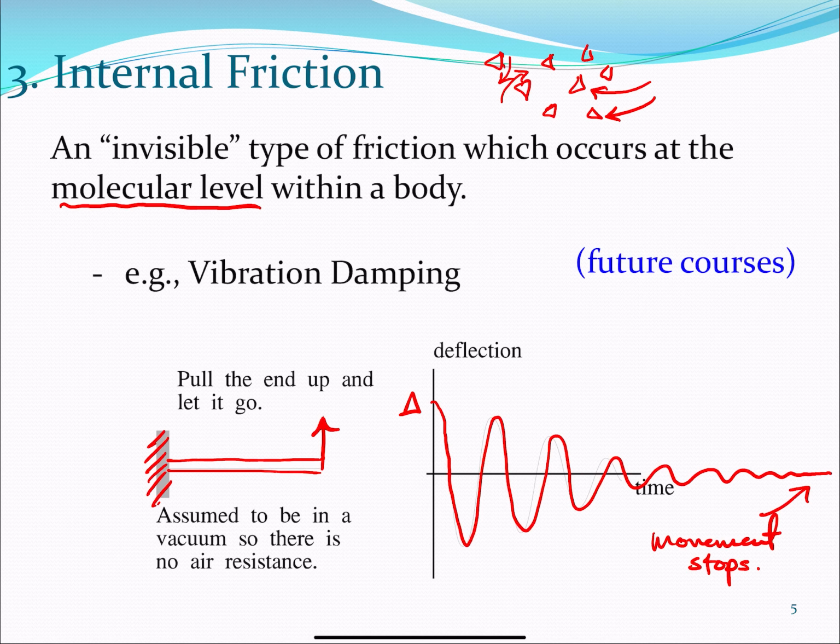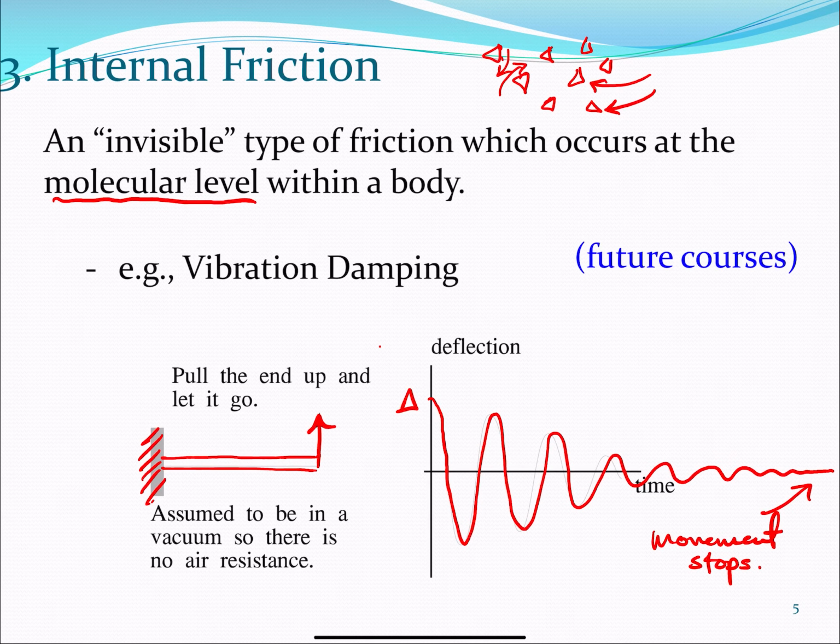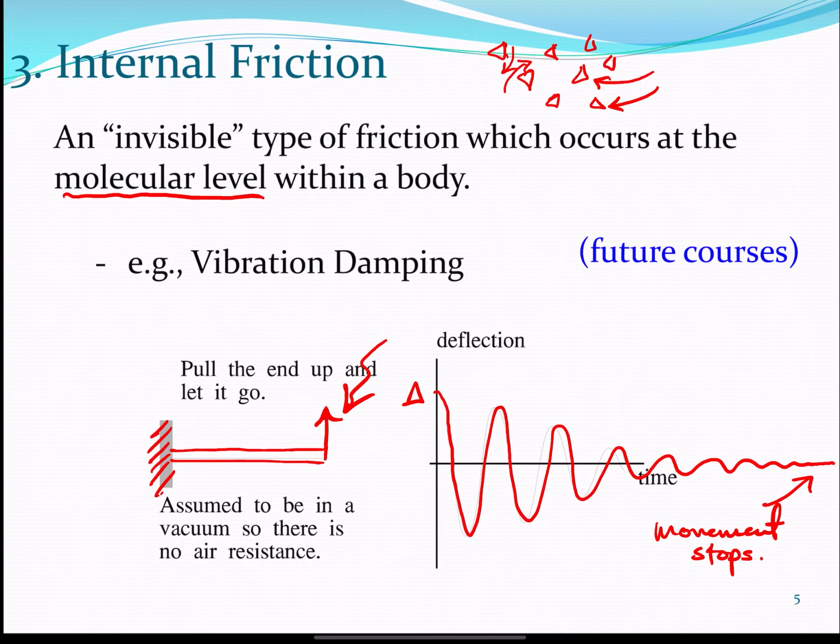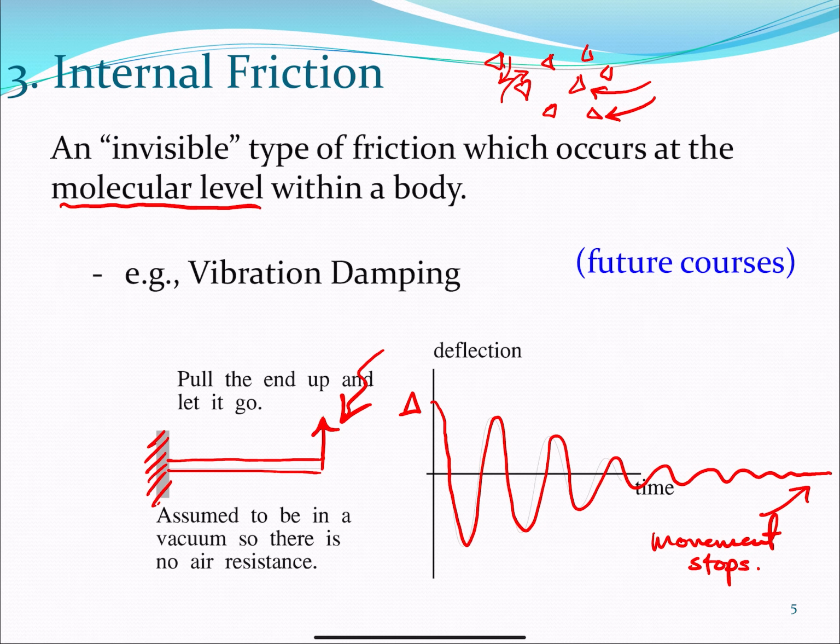That is how the initial energy you gave the object when you pulled it up dissipates, due to the internal friction mechanisms. Now, this is again quite a complex process, and you will see some of these in your classes on vibration. Mechanical and civil engineering have these internal friction topics.